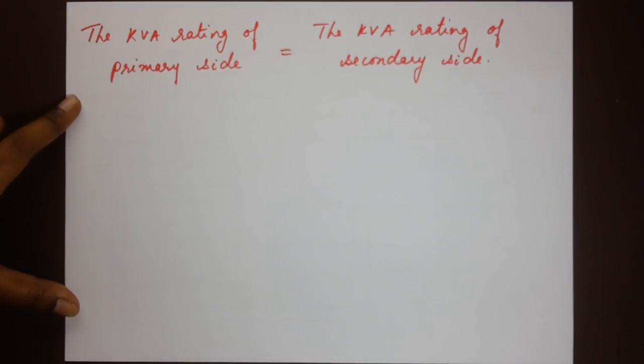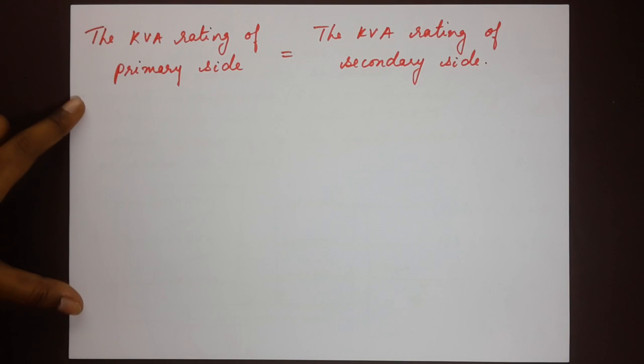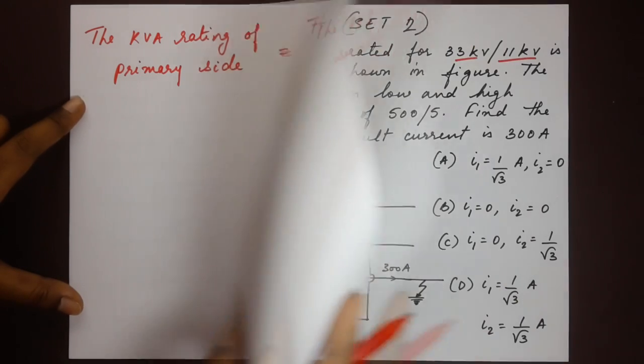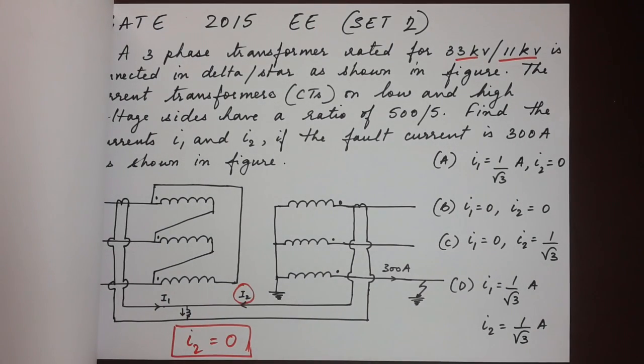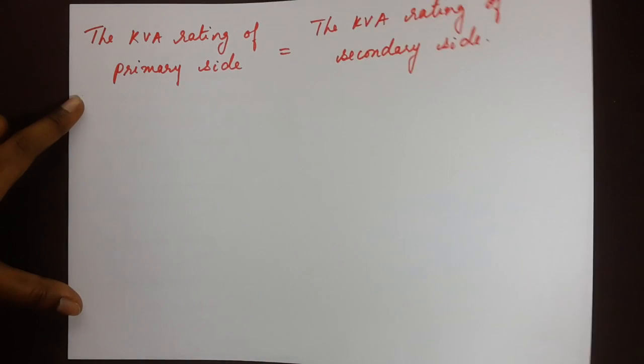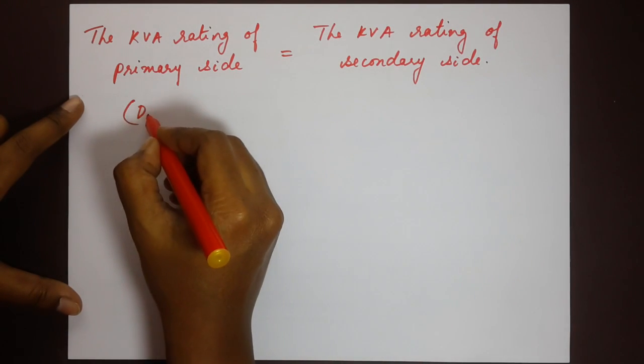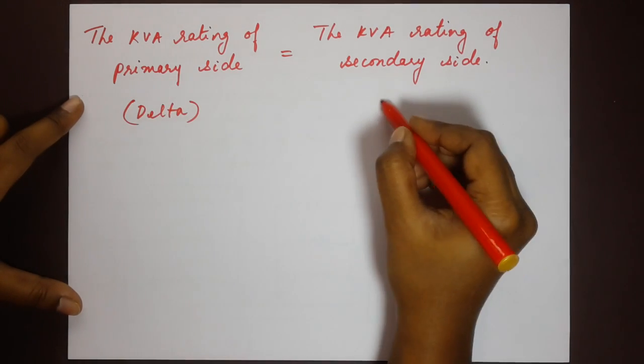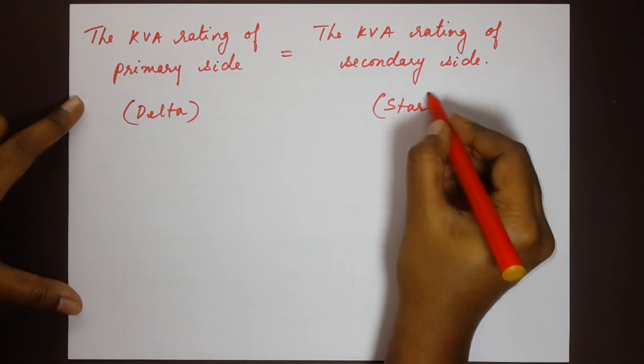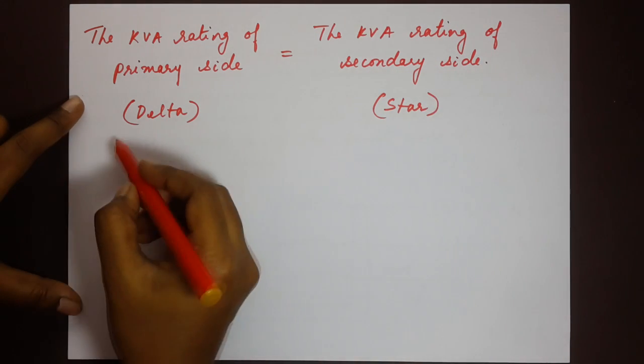Okay, let's note down the expressions here. According to the question, now the primary side is the side of delta connection and the secondary side is the side of the star connection. So here we have delta connection and here we have star connection. We have to keep that in mind as well.